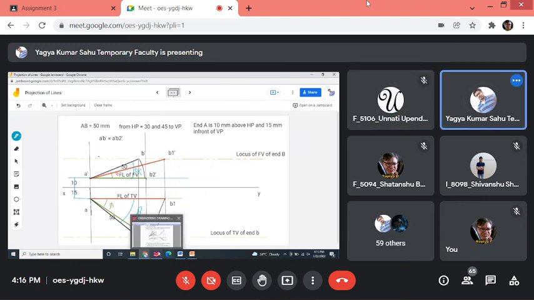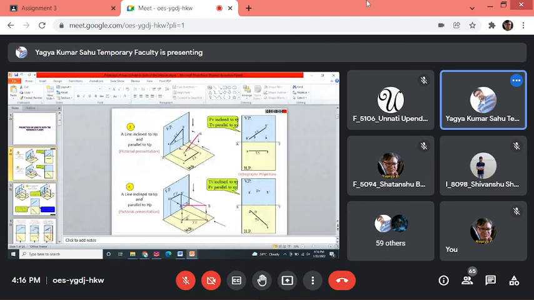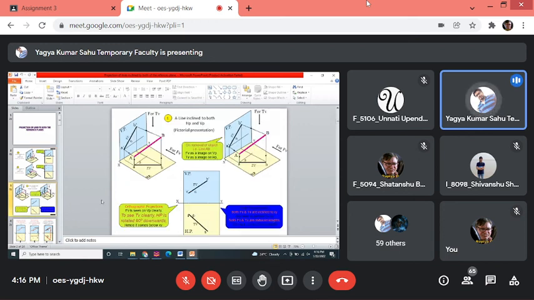Okay, now let me just show questions from the PPT. Line inclined to both the planes. You can see here, a line is inclined to HP and parallel to VP. That is the first one. Second one, line inclined to VP only and parallel to HP. Now third, you can see the line inclined to both HP and VP.